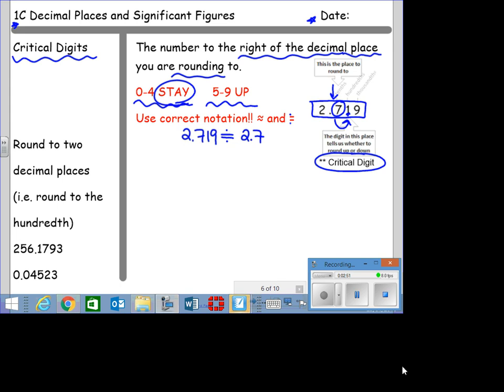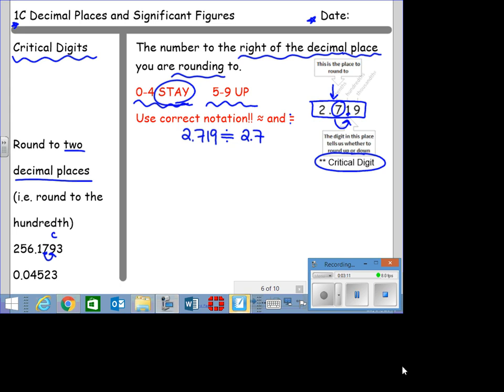Round to 2 decimal places, which is the 100th position for these last 2 down here, okay? So again, I want to round to where this 7 is positioned. So I'm going to have to look to my critical value. I'll call that C for critical value, okay?